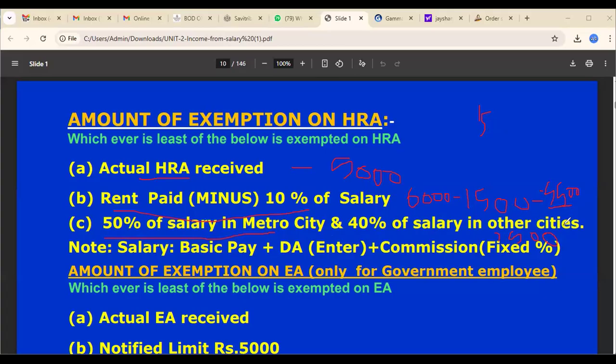I consider the lowest, which is 4,500, and hence 4,500 is exempted as HRA. Any doubt in this meaning of HRA? Anybody is in doubt? So let's go further.